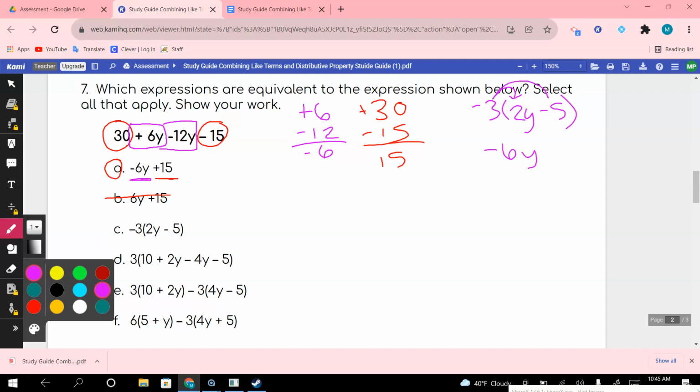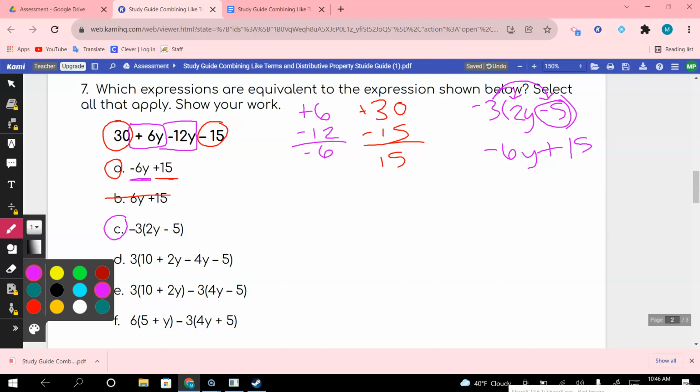And negative 3 times, and remember this is a negative 5, got to think of that sign in front of it. So we have a negative times a negative, which is a positive. 2 negatives is a positive. And then 3 times 5 is 15. So negative 6y plus 15, which is what A was. So therefore, C is also correct.